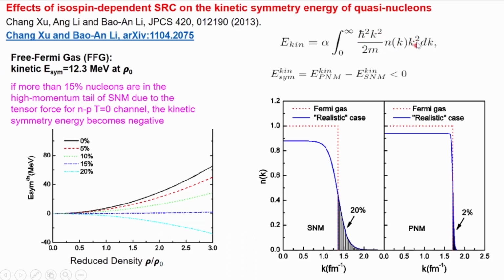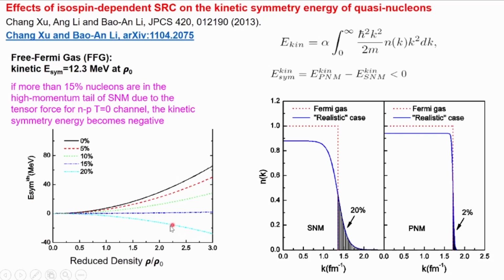The phase space goes like k squared. So if you have a small high momentum tail, multiplied by k squared, that gives you a big enhancement to the kinetic energy. As a result, if you put more than 15% of nucleons in the high momentum tail of symmetric matter, your kinetic symmetry energy, what's plotted here as a function of density, will become negative.